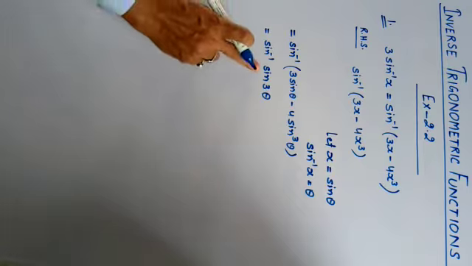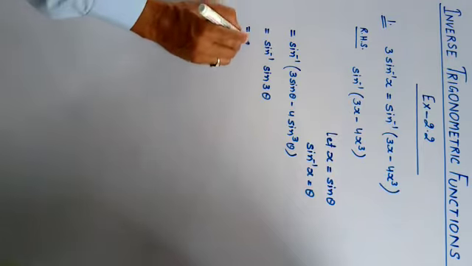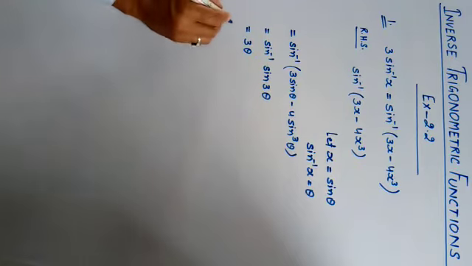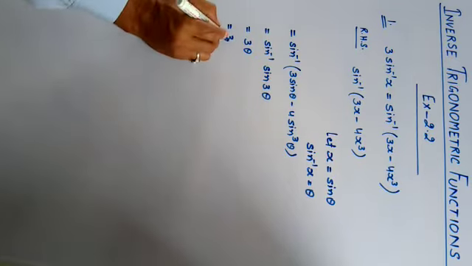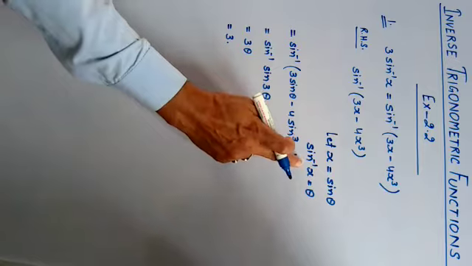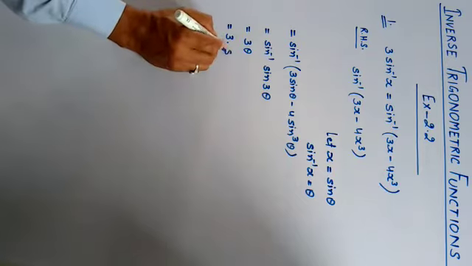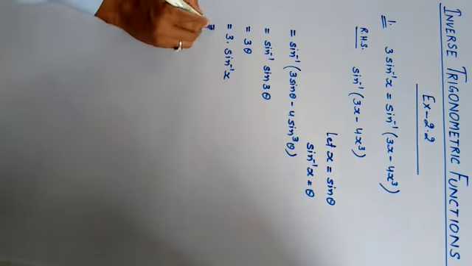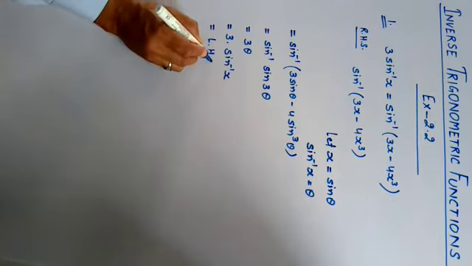So sin inverse and sin will eliminate. Answer will be 3 theta. Now in place of theta we can write sin inverse x. So which is 3 sin inverse x equals left hand side.